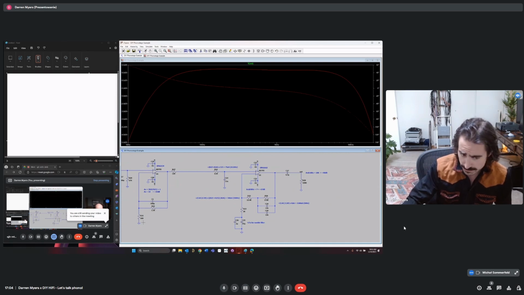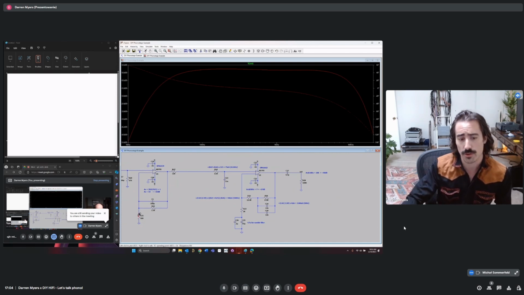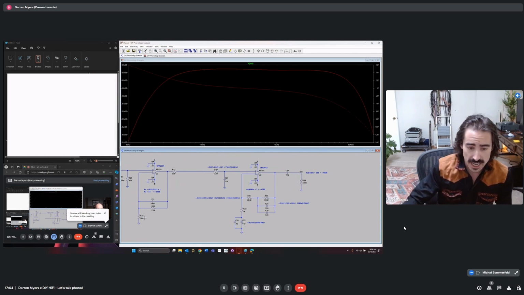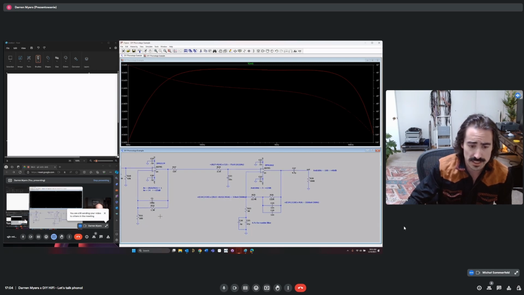So we want to keep this low. That's a great point, because we can't move this up to 2K. We don't want to do that because it's going to amplify this noise impedance right here. And so in order to do that, we want to make sure that R21 is at a reasonable value.